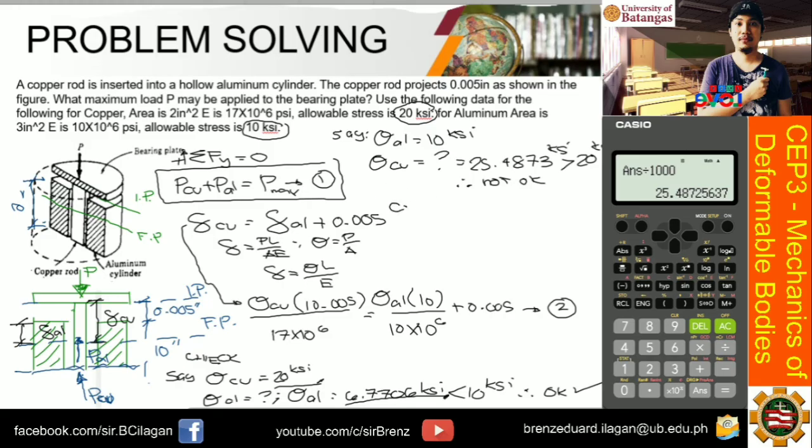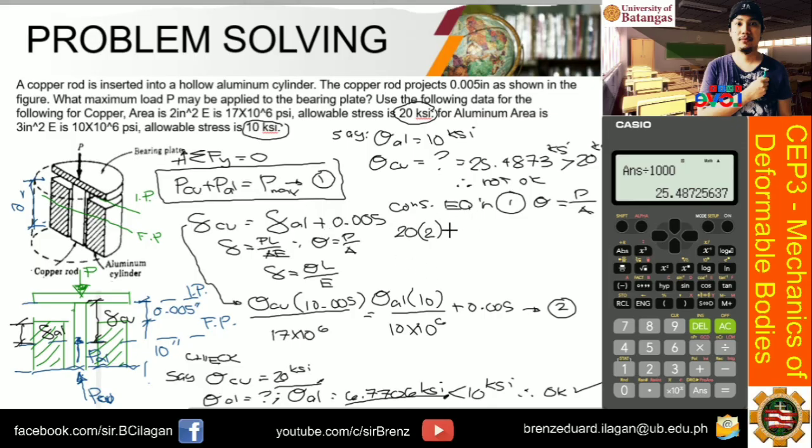So consider equation 1. So ayun. So again, stress is just equals to P over A. So i-multiply lang natin ng area ito mga nakuha nating value to. Okay? So we have 20. Una si copper. So we have 20 KSI multiply by the area of the copper. Nasaan si copper? So that is 2.